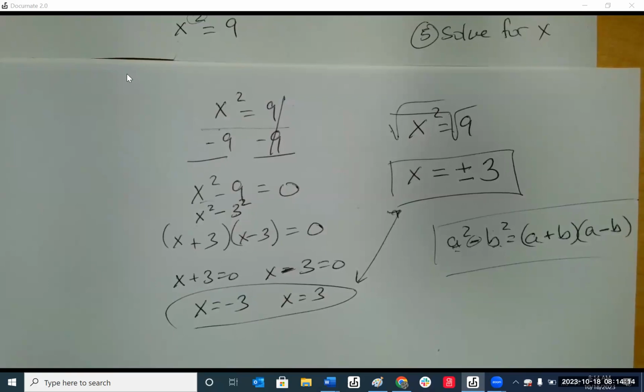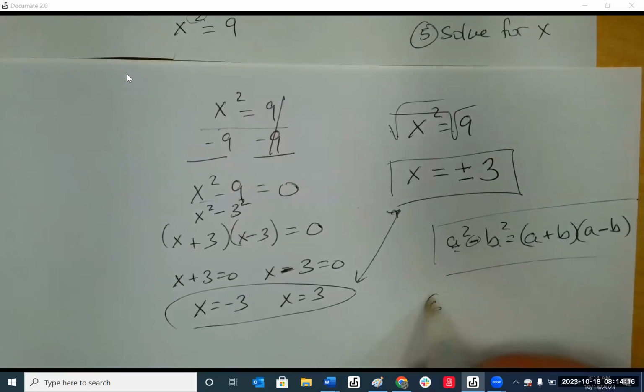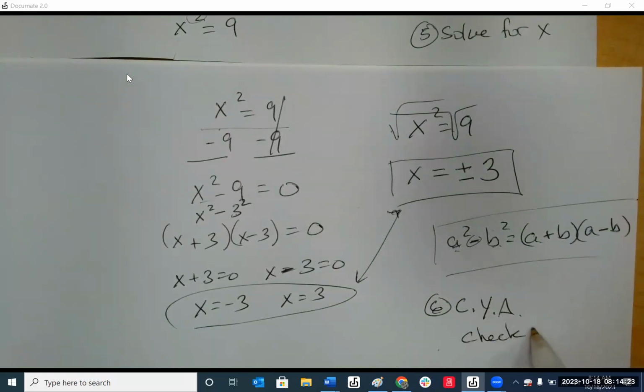We're not done yet because step 6, check your answer.